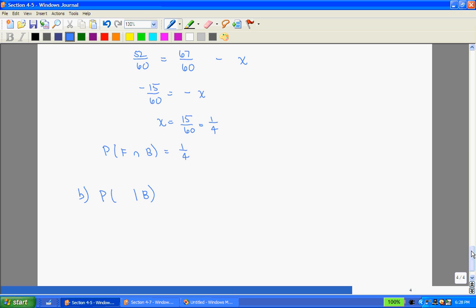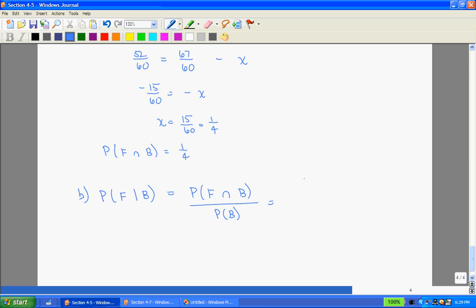What is the probability that he's a freshman? That goes first. Now we can use our conditional probability formula. So that's the probability of freshmen intersect biology, which we thankfully found in the previous part, divided by the probability of B. Always the second one.